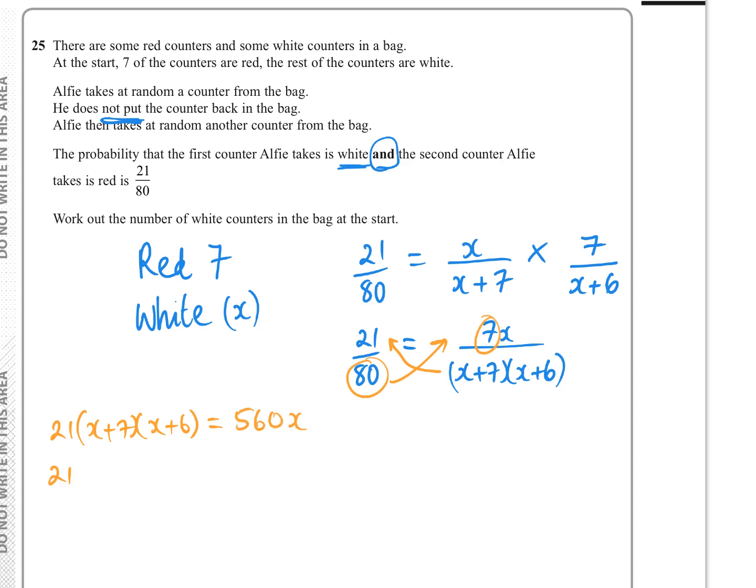Then multiply, I'm going to use a square bracket here, we'd have x squared plus 13x plus 42 equals 560x, which would give us 21x squared minus 287x plus 882 on that side, and I'd have naught on this side here.